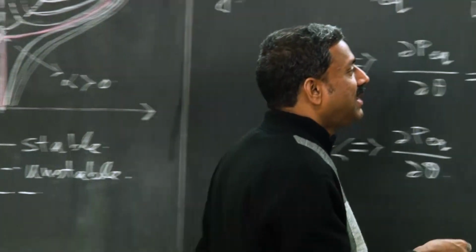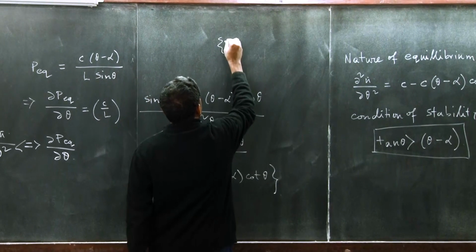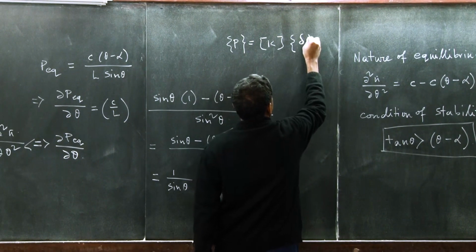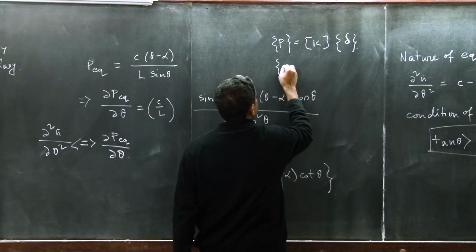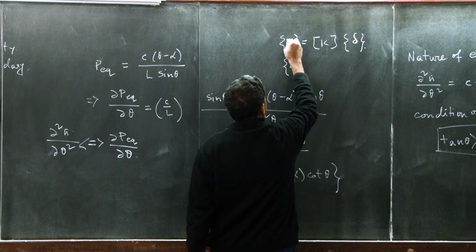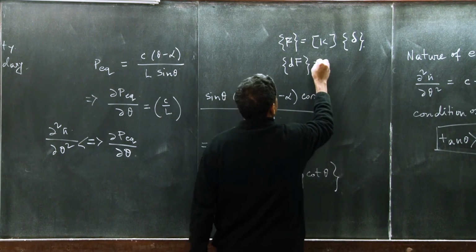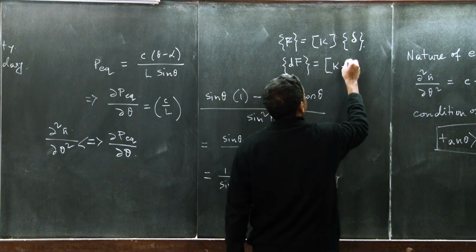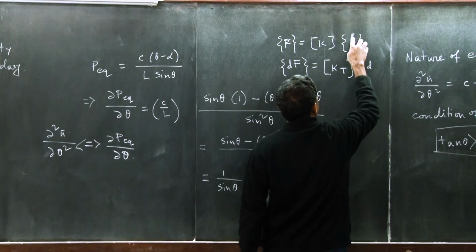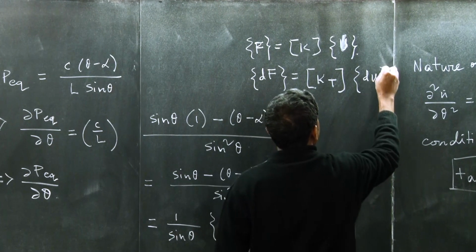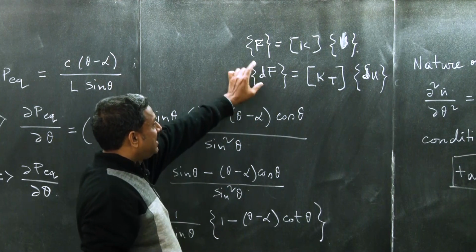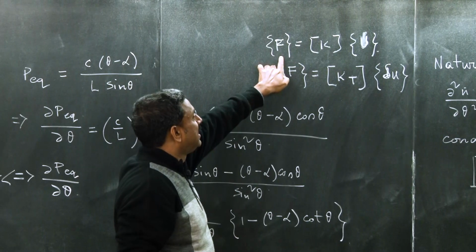So in linear finite element, what have you obtained? You obtain force is equal to stiffness into deflection, right. In incremental form, I am going to write delta f is equal to kt into du. Here these are the forces and this is displacement.